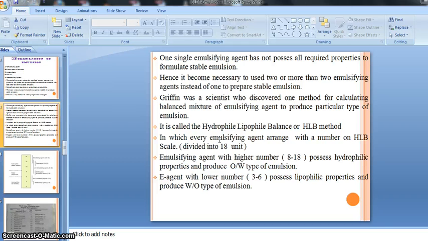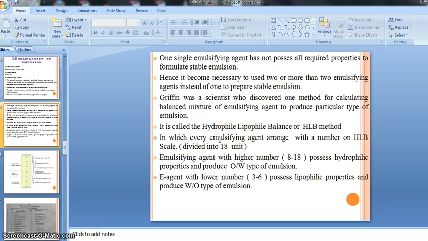Griffin is a scientist who discovered a method, a scale, for calculating the balanced mixture of emulsifying agents. With the help of this scale or method, we can easily find the proper kind of emulsifying agent for the proper type of emulsion.